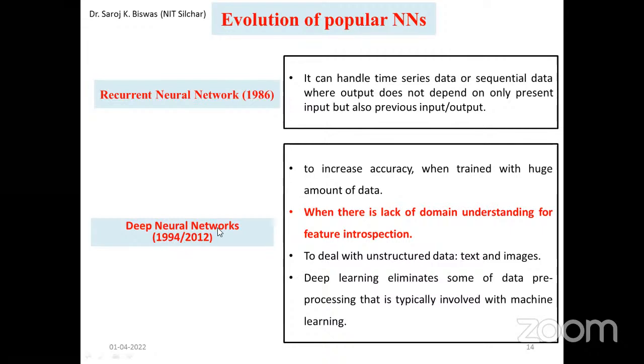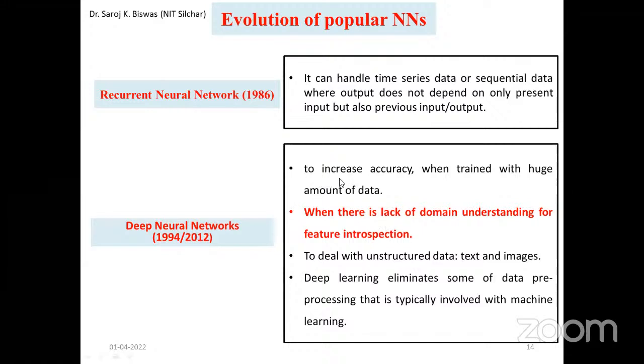So now the question is: why do we use deep learning? Why not use simple neural networks? These are the clear explanations for why we are looking at deep neural networks.